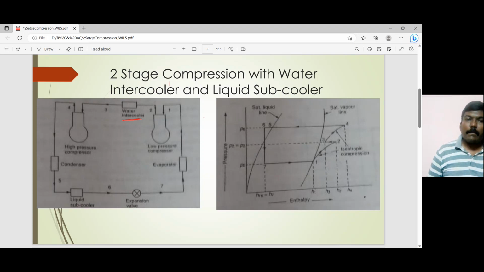There is still some amount of superheating left in the refrigerant. So that minimum amount of superheated refrigerant is compressed in the high pressure compressor.